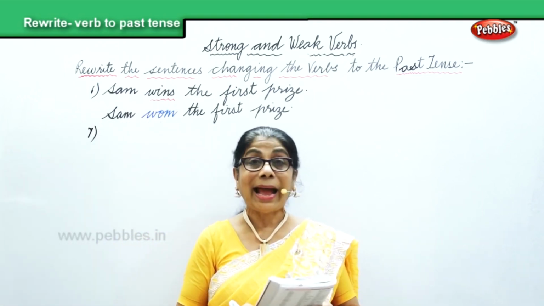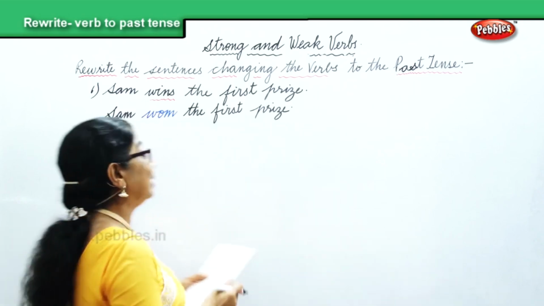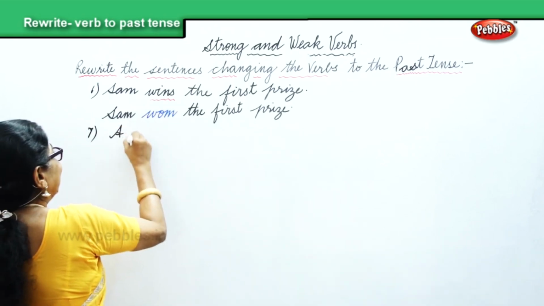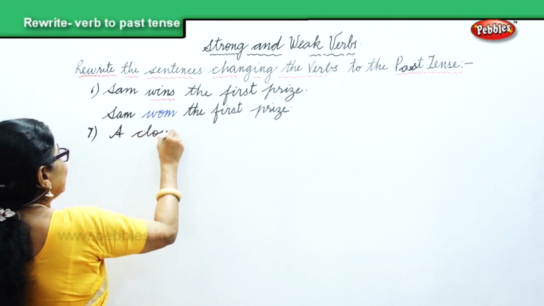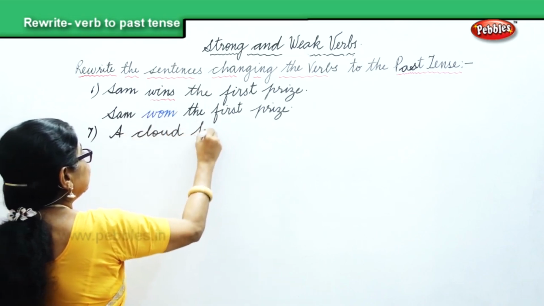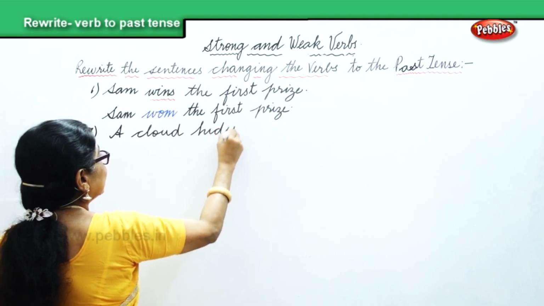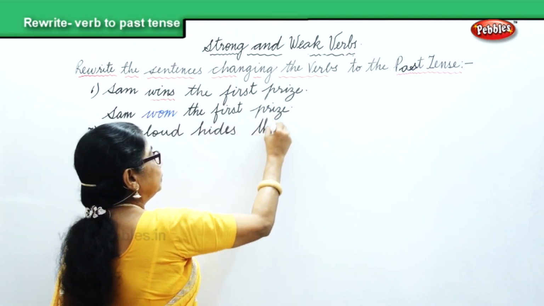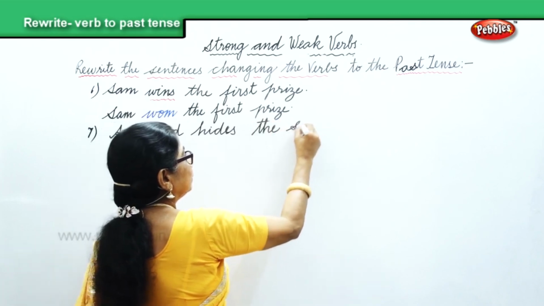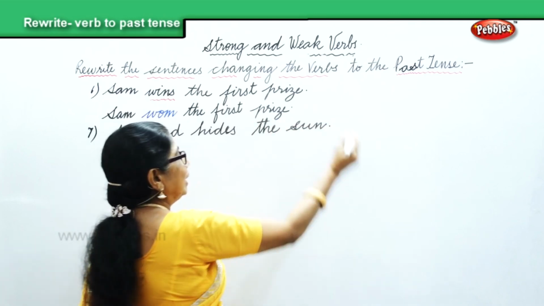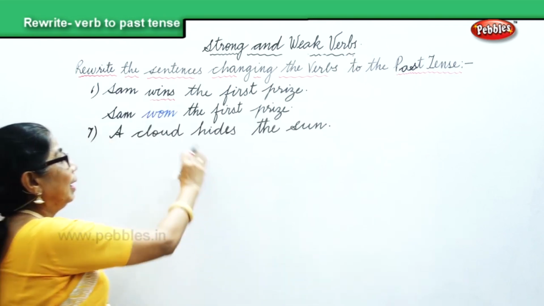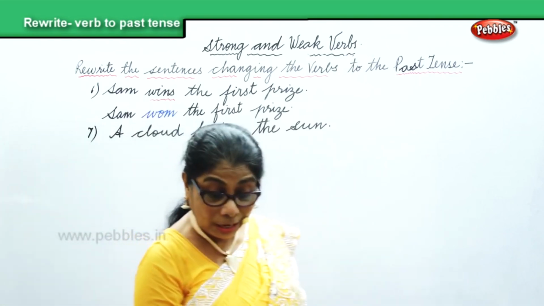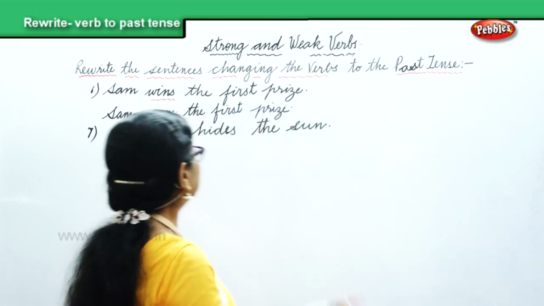A cloud hides the sun. You identify the verb: hides. A cloud hides the sun.